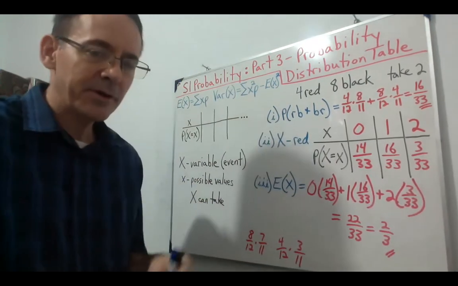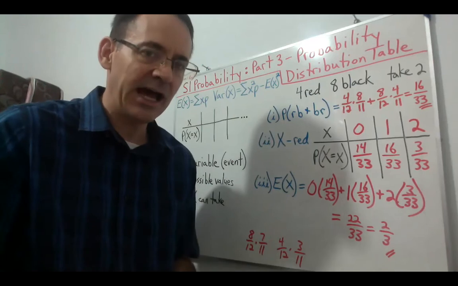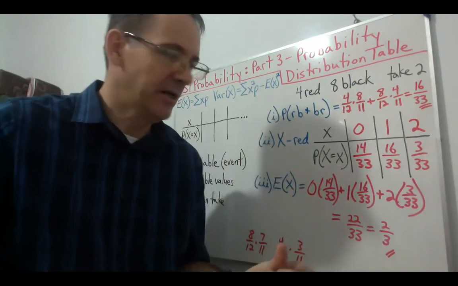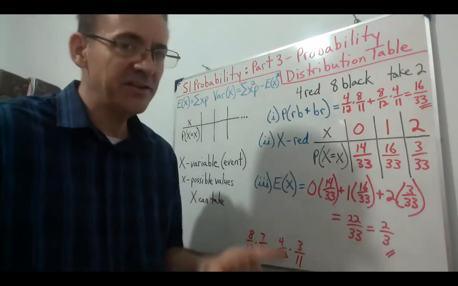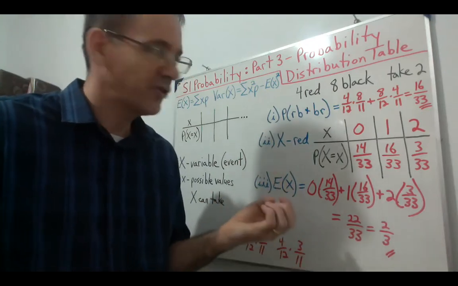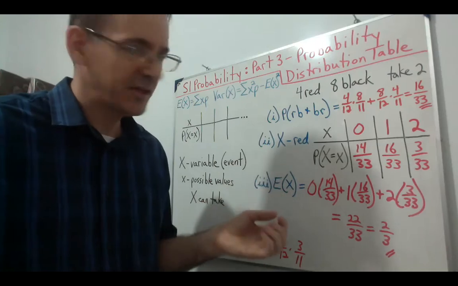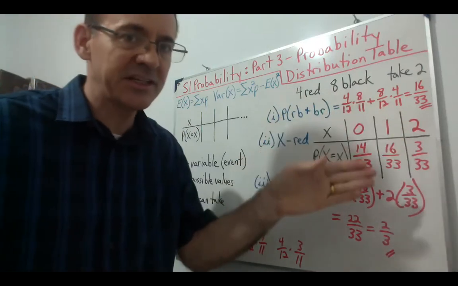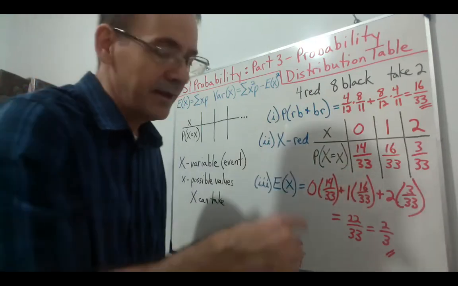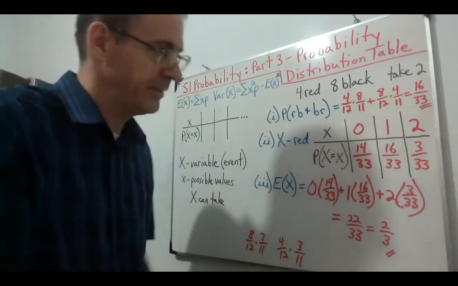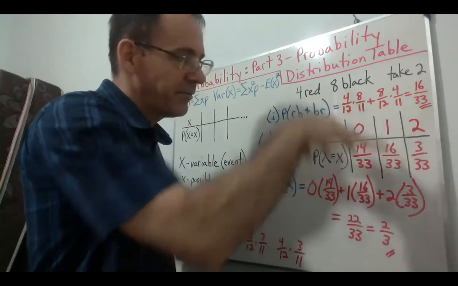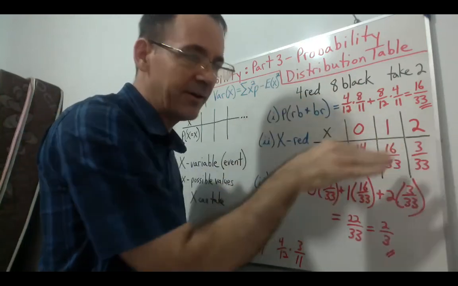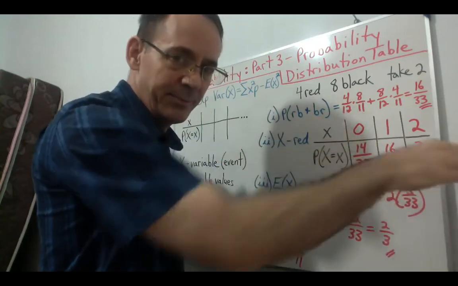Now remember, mean is an average. It's not a specific outcome, it's not an integer, so it's okay. It means that the average is going to be less than 1. If you notice this chart, it's skewed in the positive direction, meaning the bulk of your data is over here on the left and the tail is going off in the positive direction.